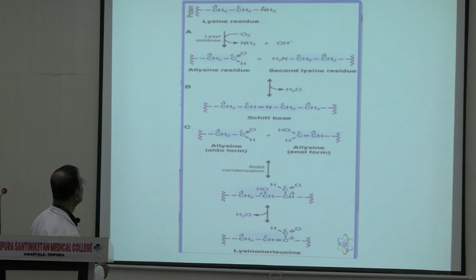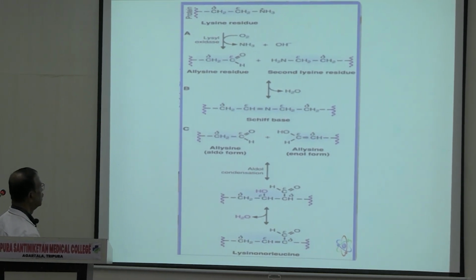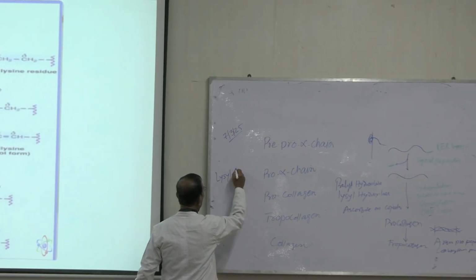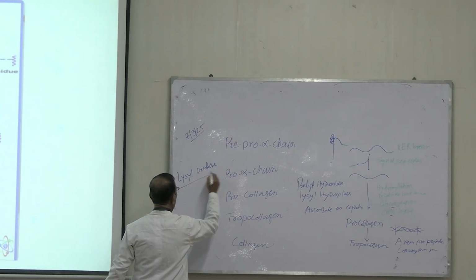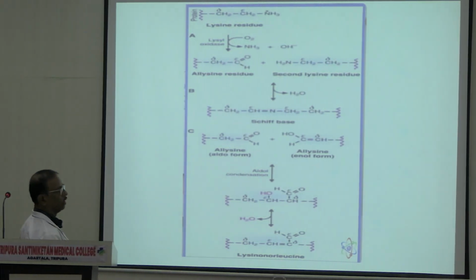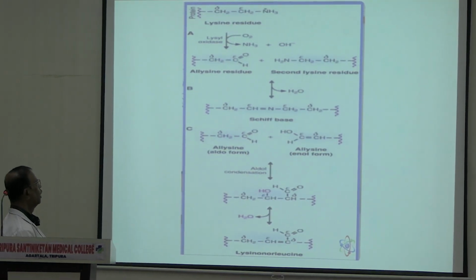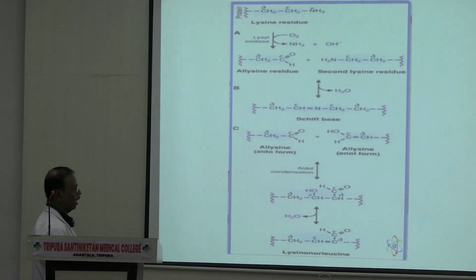Schiff base formation involves a lysine residue. It undergoes deamination by lysyl oxidase and forms allysine aldehyde. Then this aldehyde reacts with a second lysine residue and forms a Schiff base.